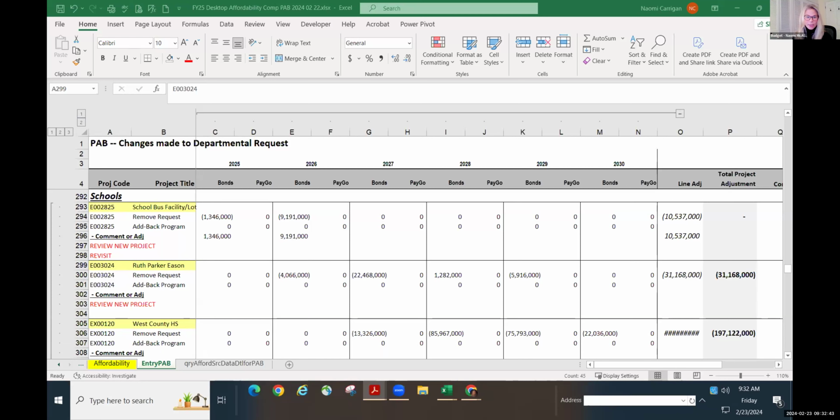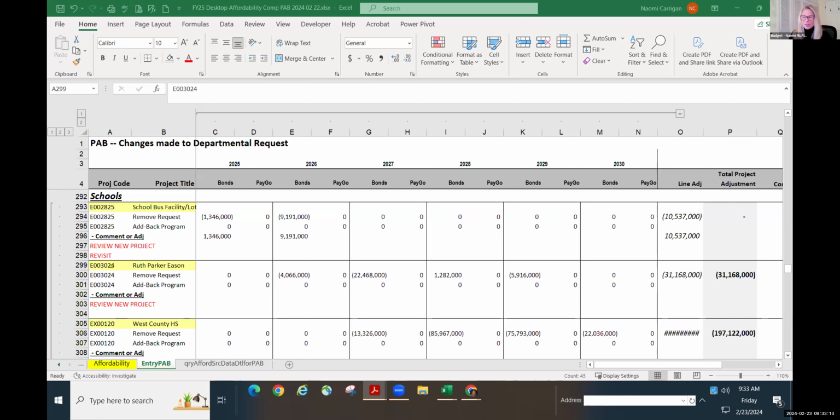There was no funding last year for this capital project. It was introduced for the first time last year, though. You can tell that because the capital project number ends in the 2 digits 24. So that indicates to me that that was the first year that the Board of Education brought this capital project forward for consideration. And it was removed last year at the time due to affordability reasons, such as the whole old mill situation that's going on.